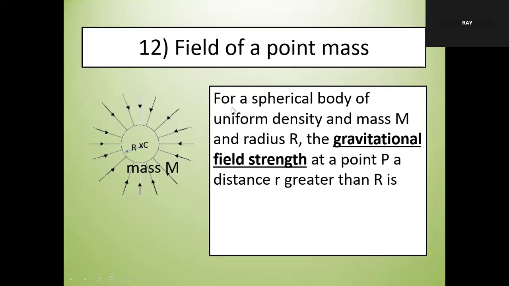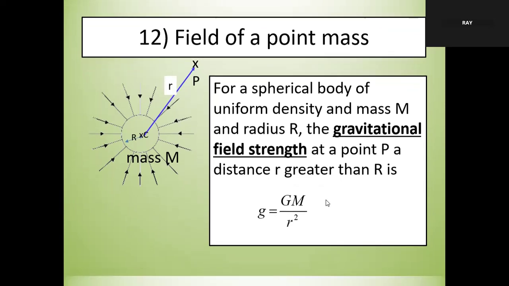Field of a point mass. For a spherical body of uniform density and mass M, that's a body, center C, radius r, mass M. The gravitational field strength at a point P, a distance small r away from the center, is GM over r squared.